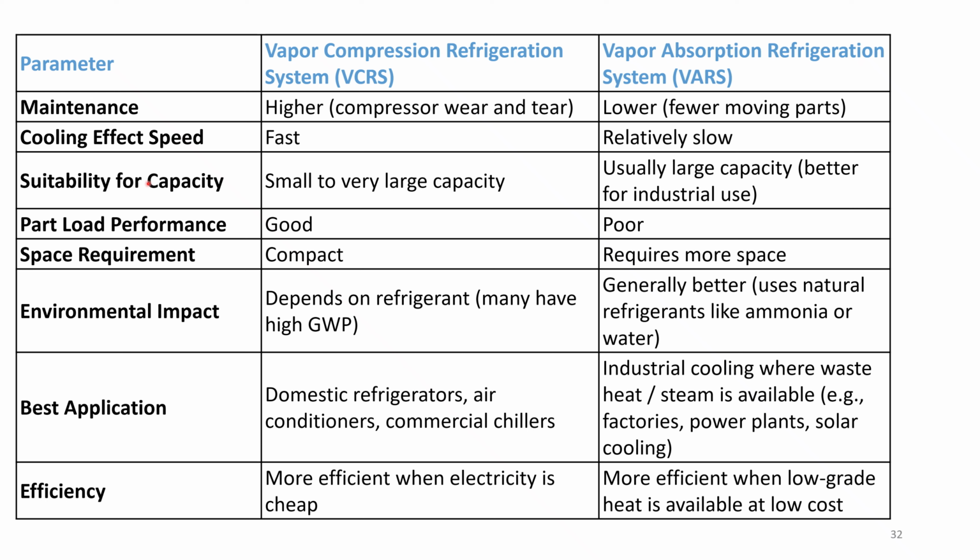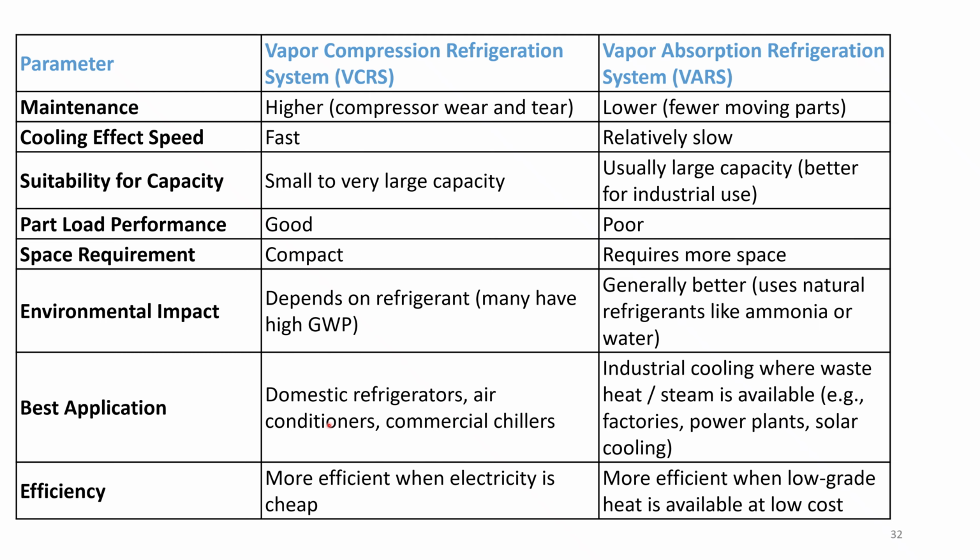Then suitability for capacity: VCRS is small to very large scale capacity, but VRS is always used for large scale capacity. Then part load performance is good for VCRS, but for VRS it is poor. Then space requirement is compact for VCRS, but VRS requires more space; we know it is very much larger in size. Then environmental impact depends on the refrigerant for VCRS, but VRS is generally better than VCRS.